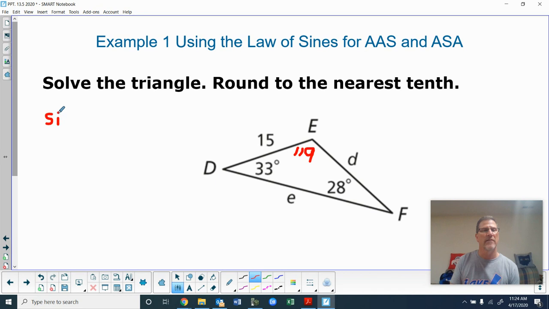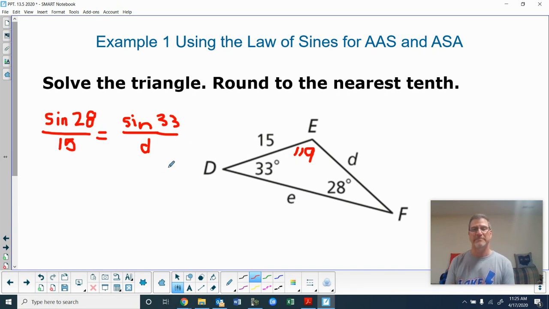Sine of 28 degrees divided by 15, the one straight across from it, equals the sine of 33, and the one across from it is D. So that's my proportion I'm going to set up.